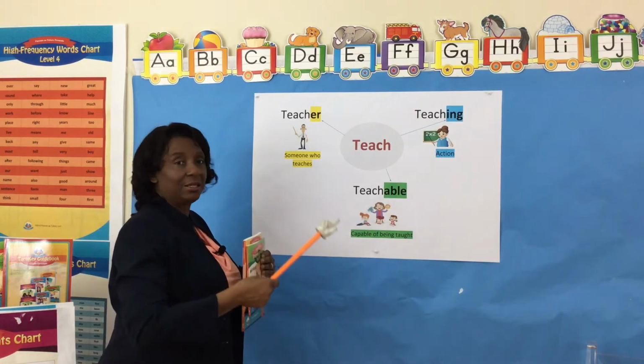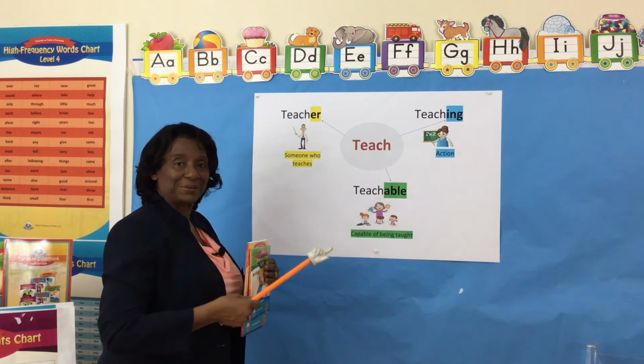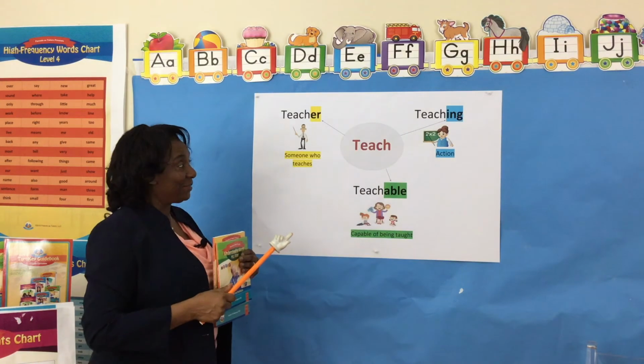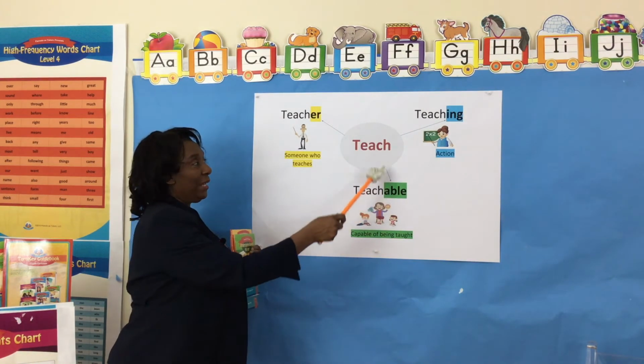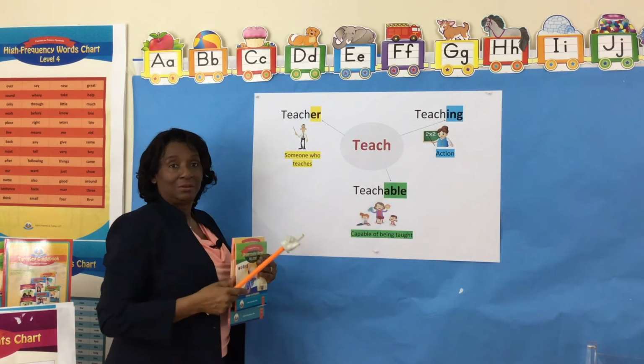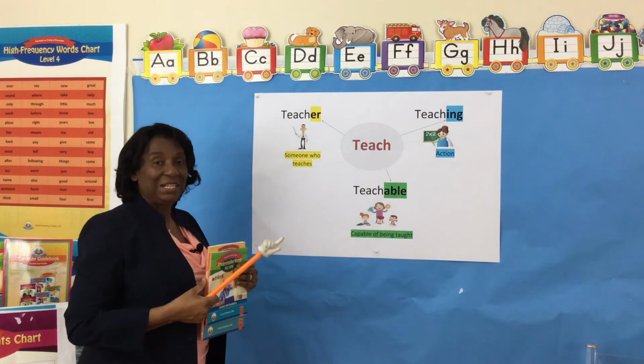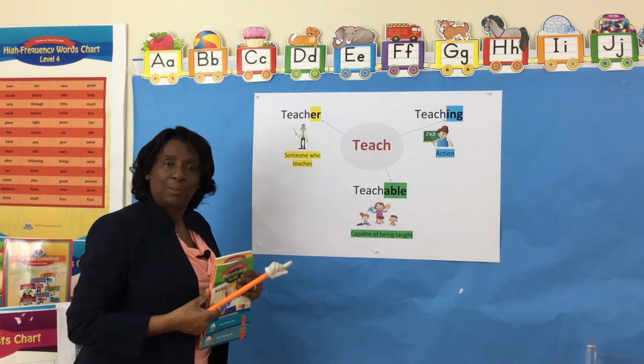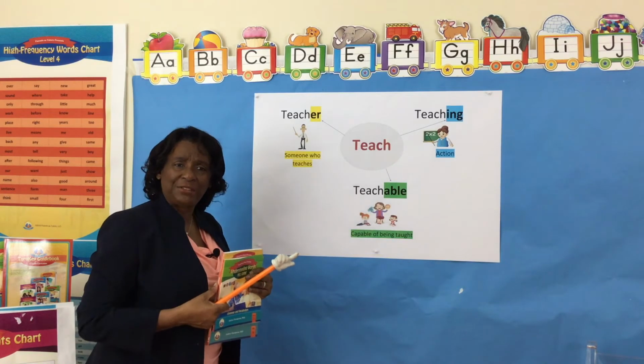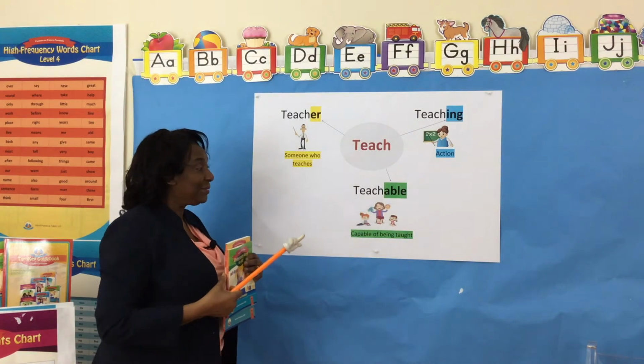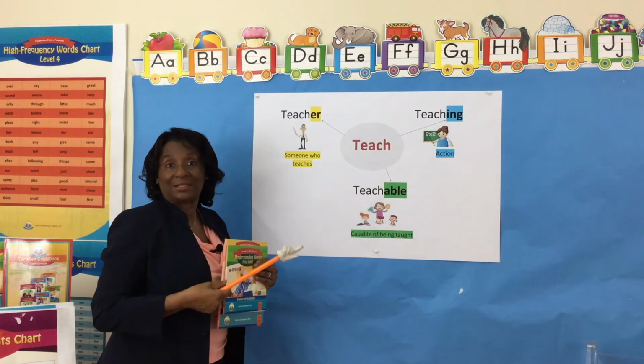It's an action. That's what the teacher does. Next, you add the word able, teachable. Ask your child, what does that mean if someone is teachable? That means that the person is capable of being taught.